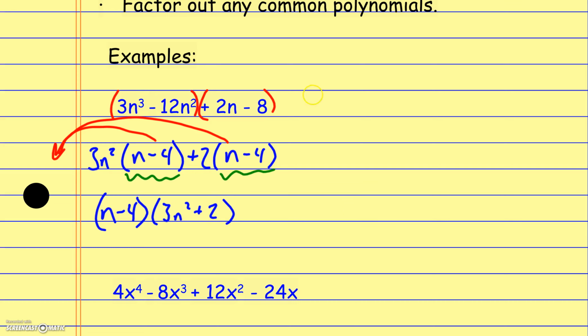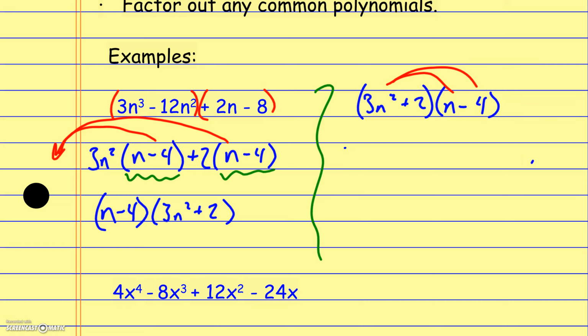Okay, this is what we do when we FOIL these things. If I were to take this thing, let me rewrite it this way. Think about what the process is that we're showing here in reverse. I'm writing m's instead of n's. I know my letters. So what happens here is if I were to FOIL or distribute, I would distribute this guy, which would be like me doing 3n squared times the n minus 4.